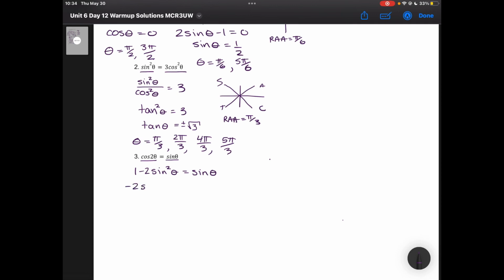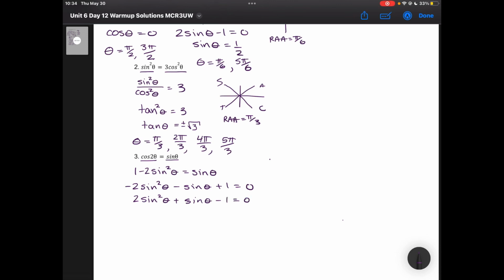So I'm going to move everything over onto the left-hand side so that it's equal to 0. Then I'm going to multiply through by -1 so that I get my first term being positive because that is easier to factor.